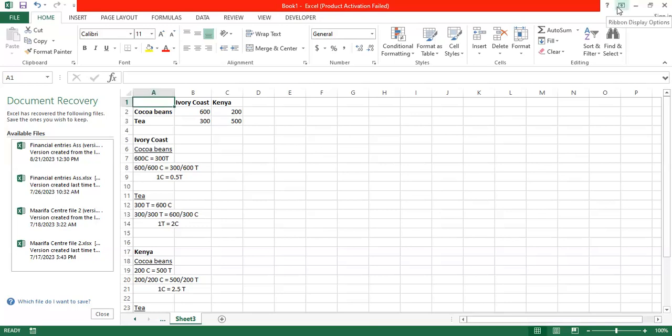So for absolute advantage to work, we're talking about efficiency in the production of commodities. Ivory Coast is more efficient in producing cocoa beans than Kenya, and Kenya is more efficient in producing tea than Ivory Coast.